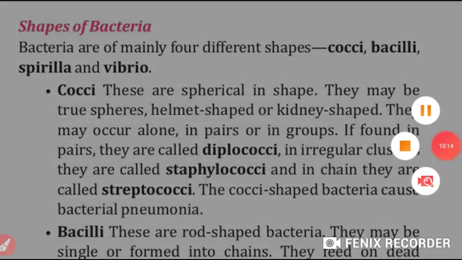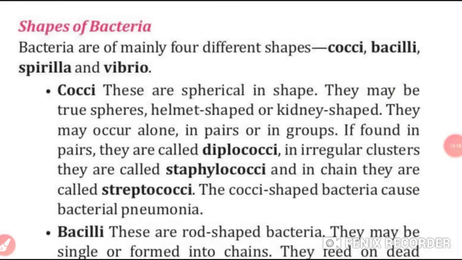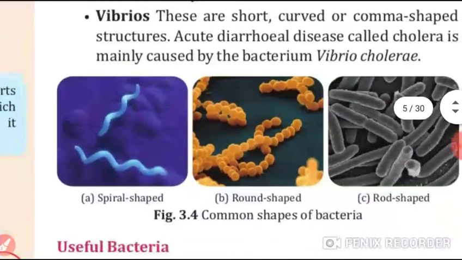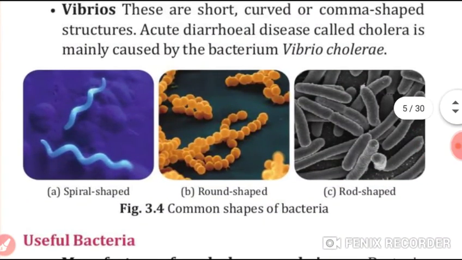Okay students. Now what are the shapes of bacteria? Students, bacteria have four types of shapes: cocci, bacilli, spirilla and vibrio. So first of all we will study the cocci. Students, look here, the three shapes given here: spiral shape, round shape and rod shape.